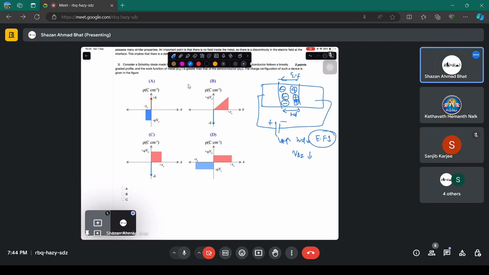You got it? Yes. So that's why you never apply a voltage greater than the built-in voltage in the diode. It's never done. Most of the times you apply 0.7, 0.8 volt. Once it hits that 0.7 volt, an exponential increase in the current is seen.